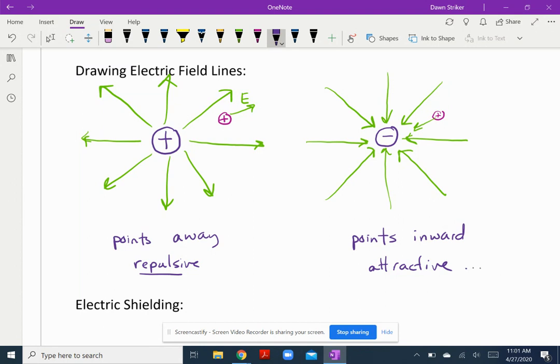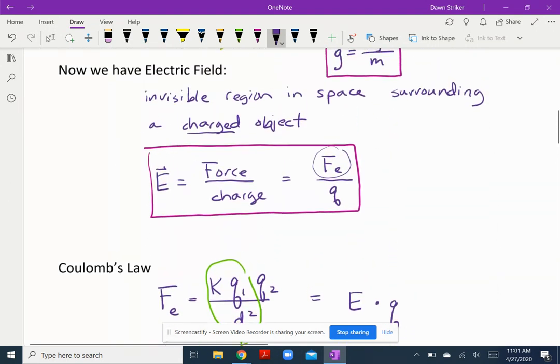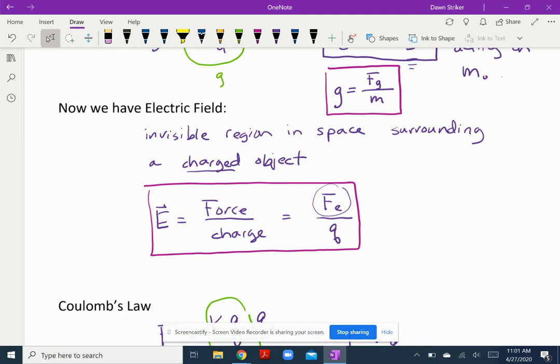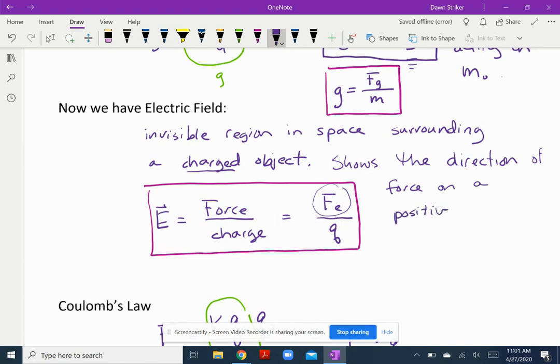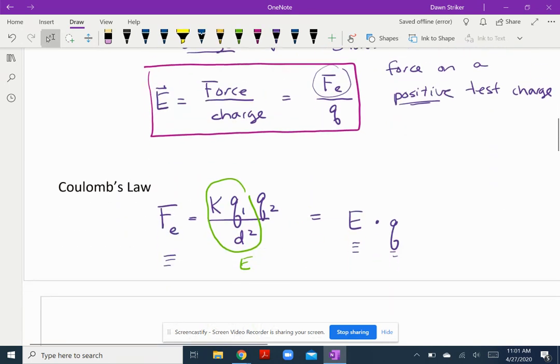This reminds me that I need to go back and alter my description of electric field because I left out a pretty important part. So an electric field is an invisible region in space surrounding a charged object. It shows the direction of force on a positive test charge.